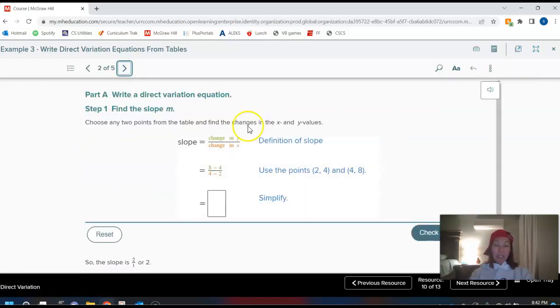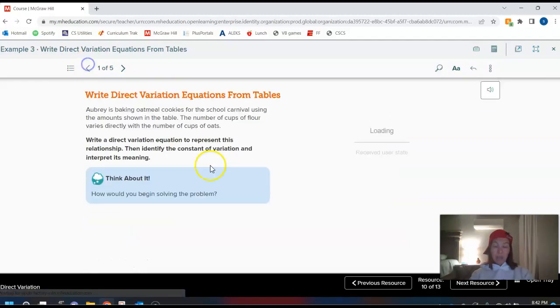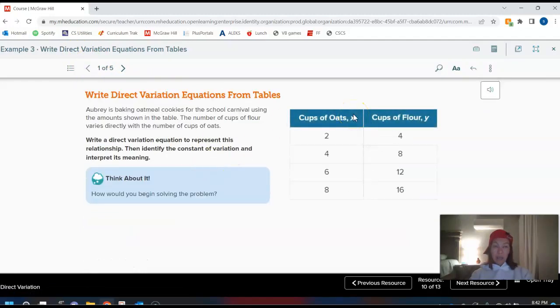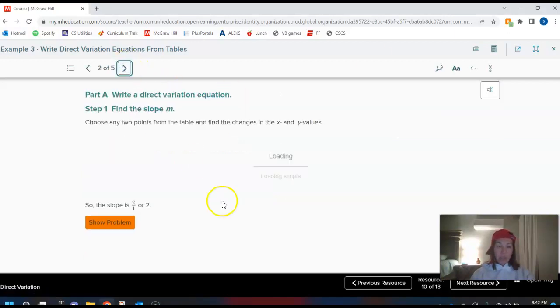But we can find the slope just like we did in, I think it was 4.1 or 4.2, where we had the table, and we just picked 2 points. If I pick any 2 points, then I can subtract the y values and subtract the x values. And that's what we're going to do here to find the slope.